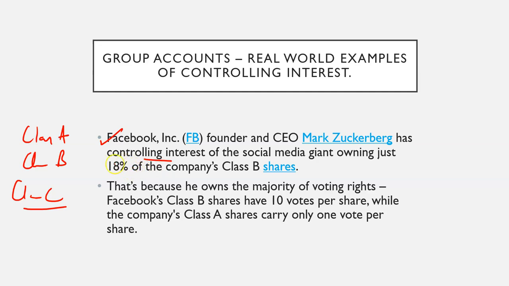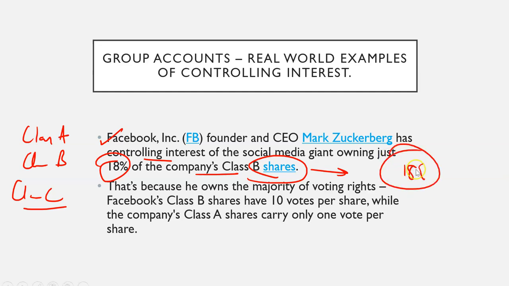Mark Zuckerberg has a controlling interest of the social media giant. He only owns 18% of the company's Class B shares. So he's raised funds and he only has 18%. So as far as the funding is concerned, he has 18%. But that's because your Class B shares carry 10 votes per share, whilst your Class A just carry 1 vote per share.